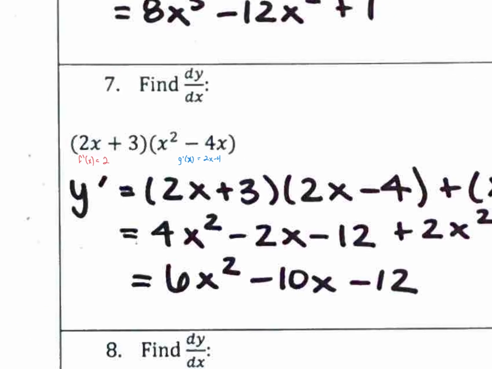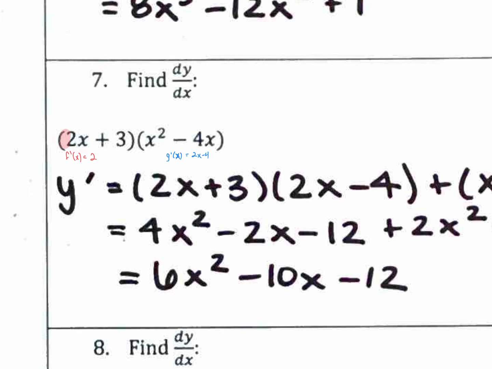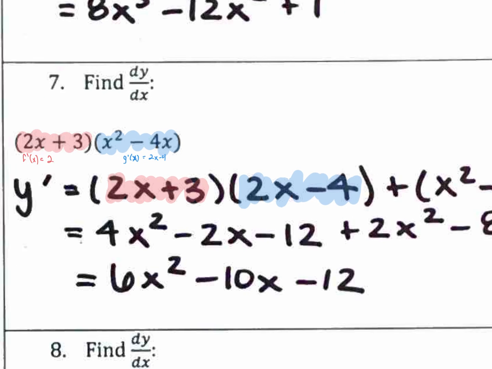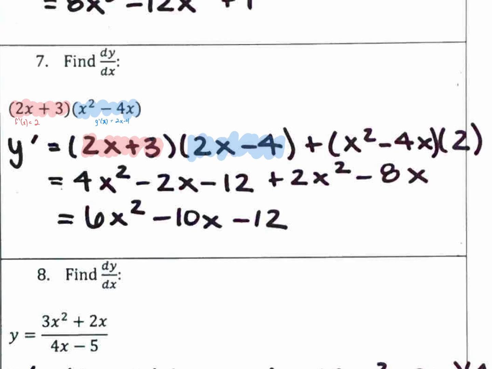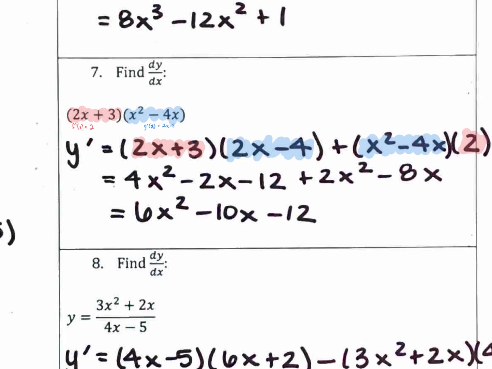So using product rule, we have the first function, 2x plus 3, times the derivative of the second, plus the second function times the derivative of the first.